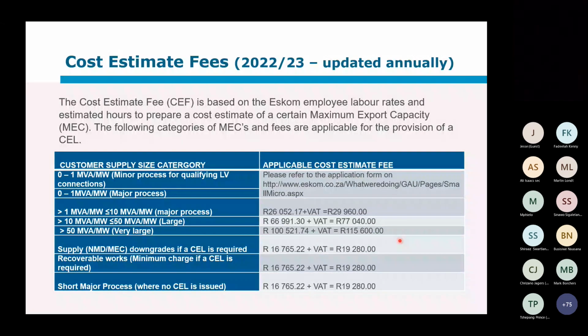Then they have separate fees if you downgrade either the notified maximum demand or the maximum export capacity. And we've said that they have two processes, the cost estimate letter and the budget quote. We can discuss that again later. This is just for that first stage.